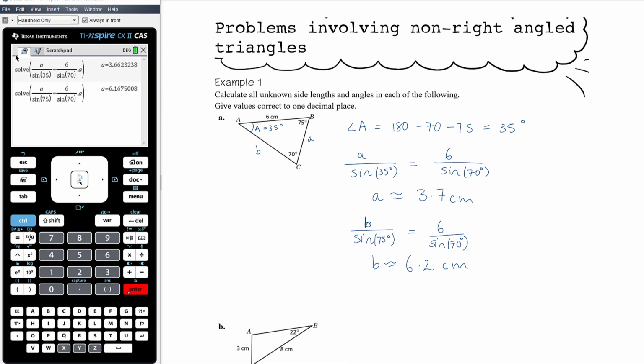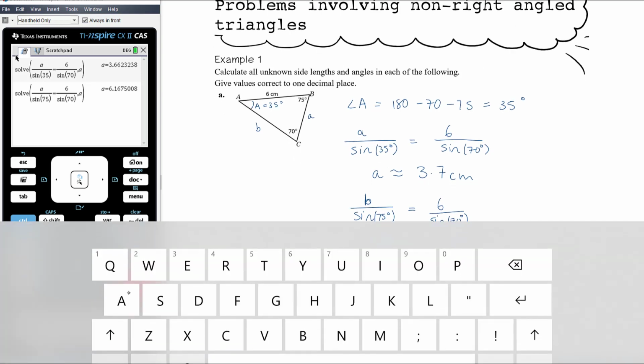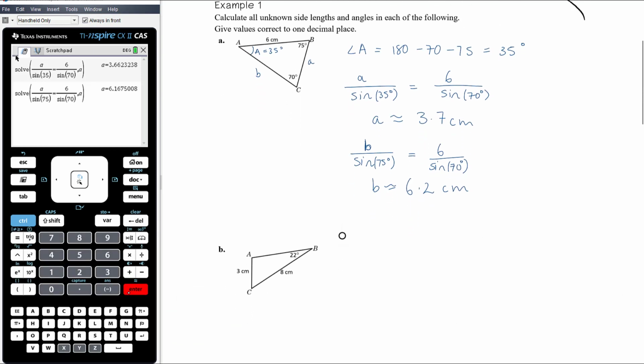So everything makes sense. Now, if you'd chosen to use the cosine rule to find B, you would have set it up as B squared equals 6 squared plus A squared, which is 3.7 squared, minus 2 times 6 times 3.7 times cos of 75 degrees. And then that would have given you the same value.